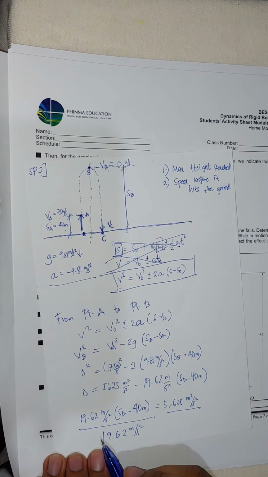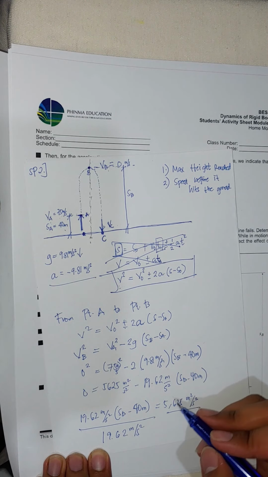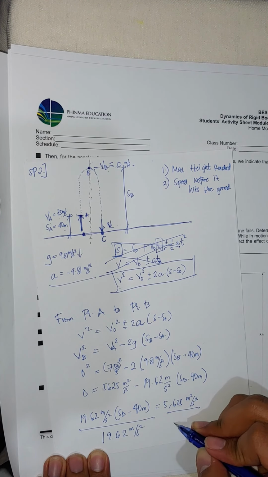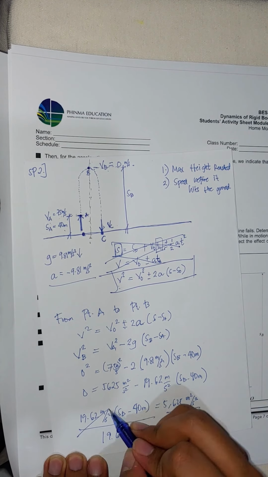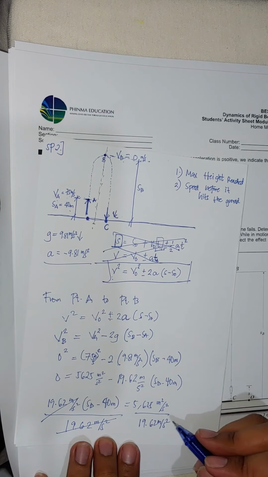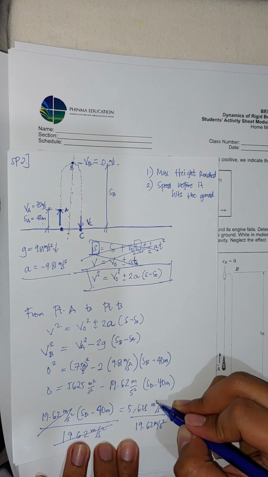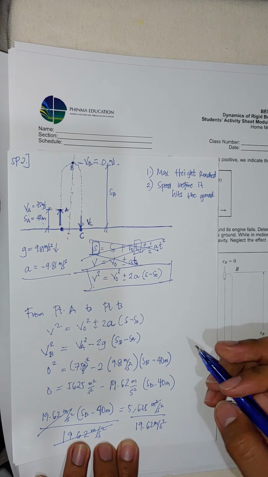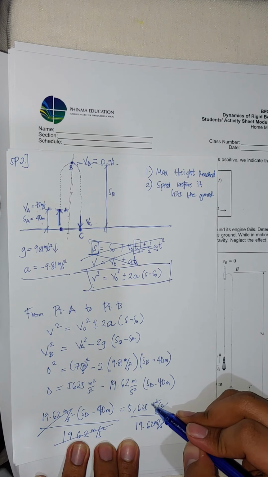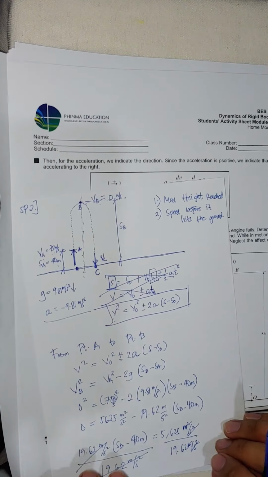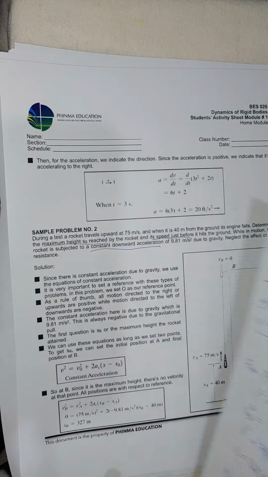Whatever operation you do on the left side, you do on the right. You divide here, you divide on the other side too. So this will be cancelled. Meters squared cancel, and second squared cancels. The remaining unit is meters. Okay, we're going to continue on the other side of the paper.